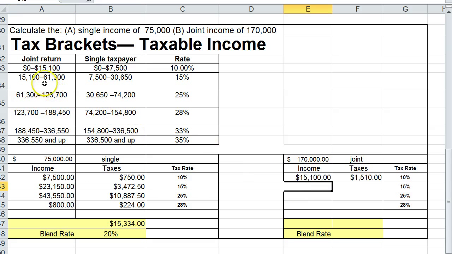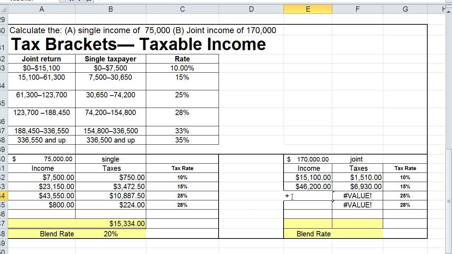Well, I'm going to take the 61,300 and subtract the 15,100. So this would be the capacity of that second bracket. And I'm going to bring my tax calculation down. Now the third bracket, since I'm going to completely fill up the third bracket, I made 170,000 and the third bracket stops at 123.